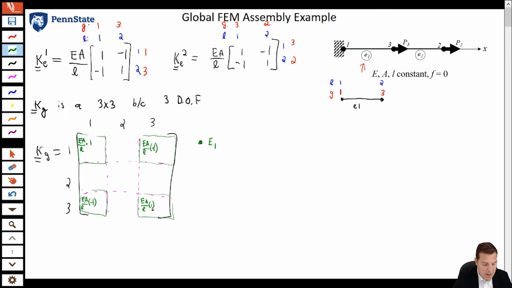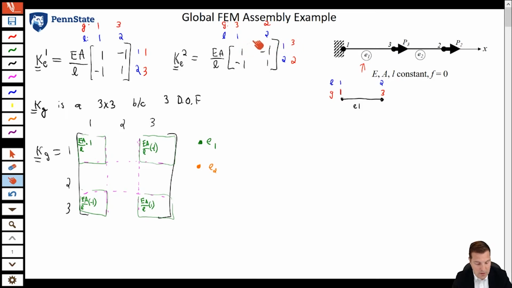Okay? Now, let's move on to element 2. Let's do that in orange. So this is going to be element 2, and E1. Here, if we look over here, our row is going to be 3, so 3, 3. Then we have 3, 2, 2, 3, and 2, 2. So you always have to follow these global node numberings, even though it seems backwards.